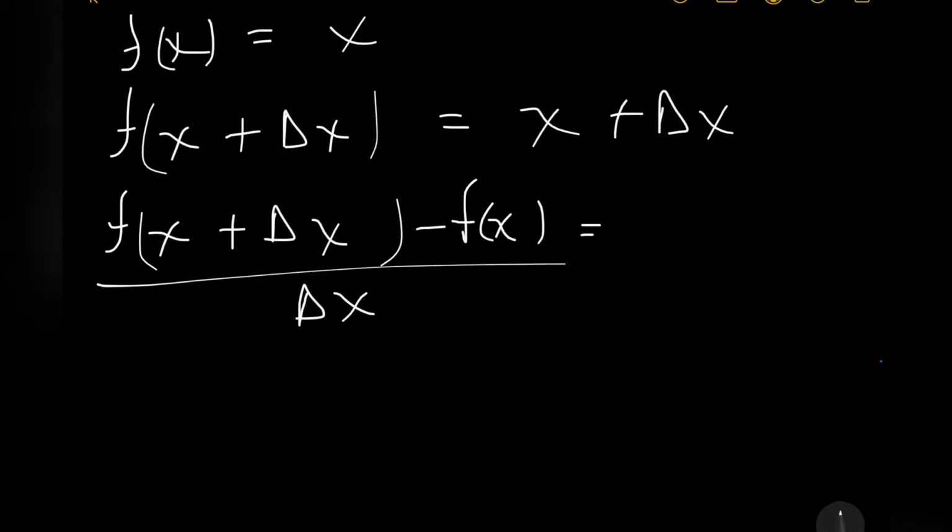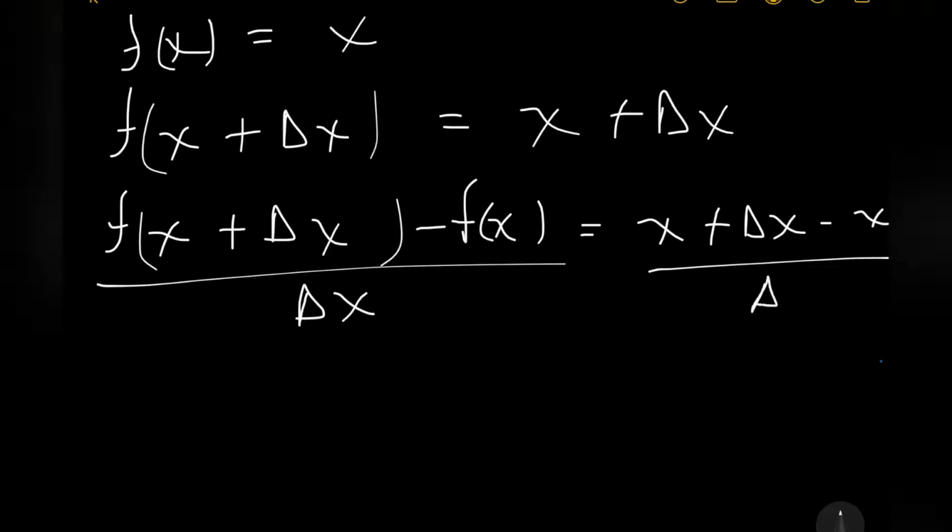So we'd have x plus delta x minus x divided by delta x. Here, the x cancels because this is a positive x, this is a negative x. So they subtract. So we're left with delta x over delta x.